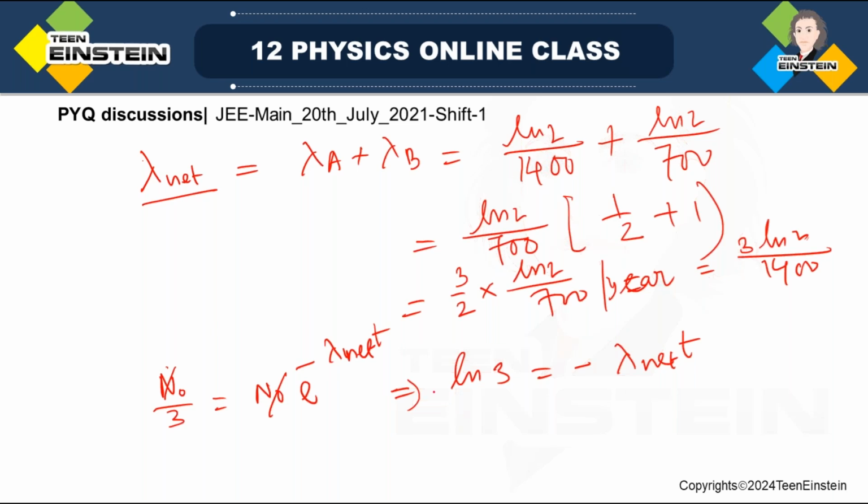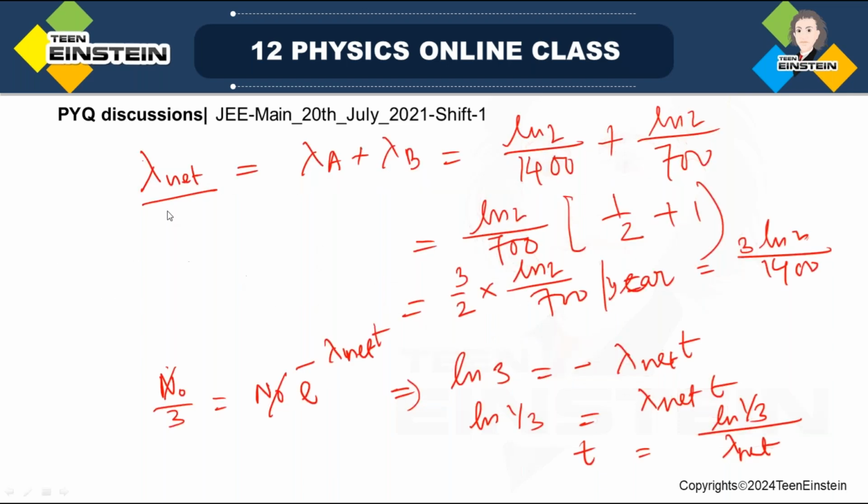So we have ln 1/3 is equal to lambda net into t. So what will be t? t will be ln 1/3 by lambda net.